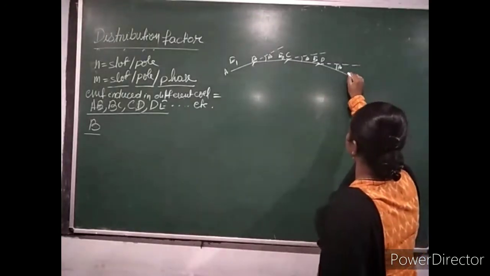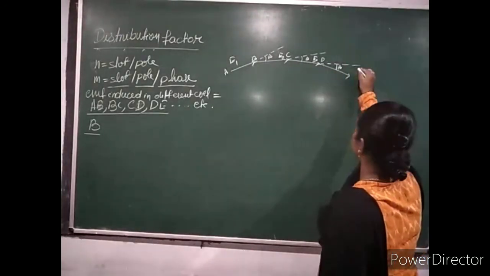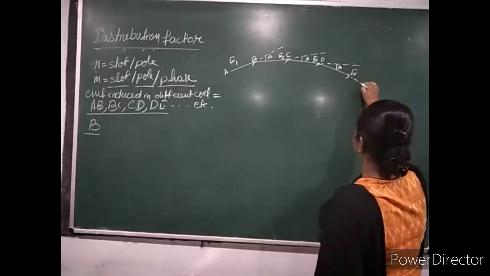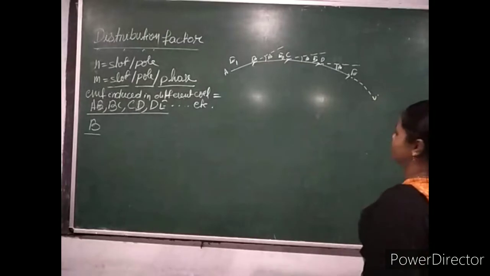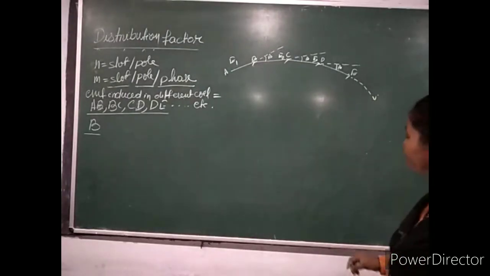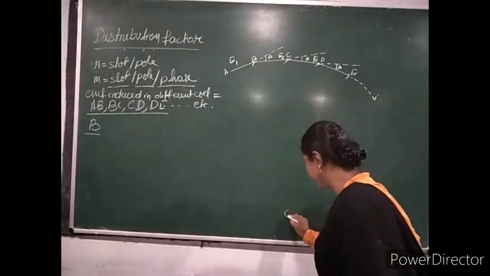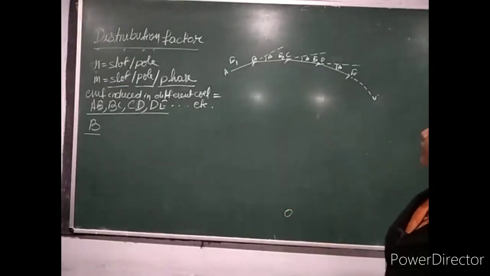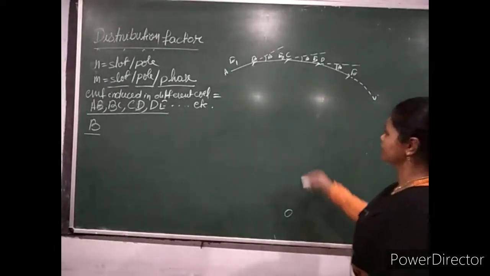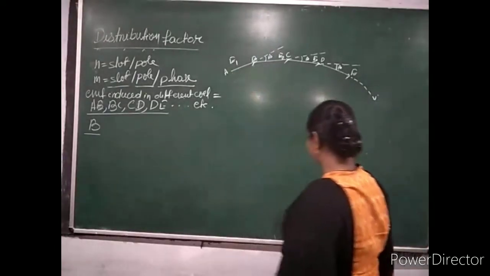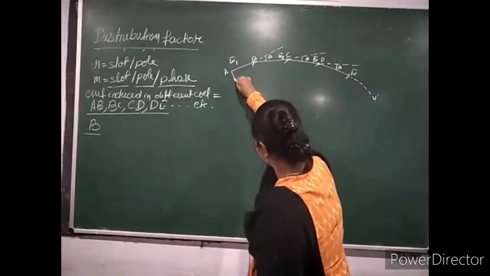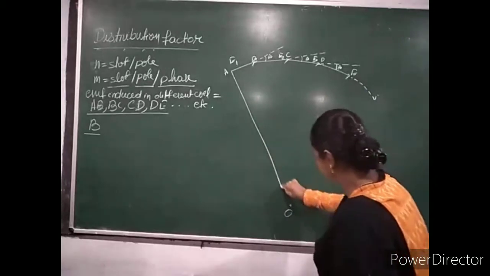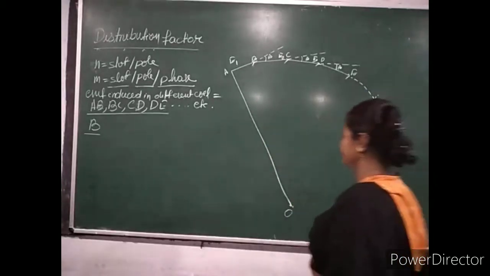Let this voltage be DE. This is M times, okay, this one, and I join all the points. I have to take the phasor diagram, let this point be O, I have to join all the points, all the vectors.